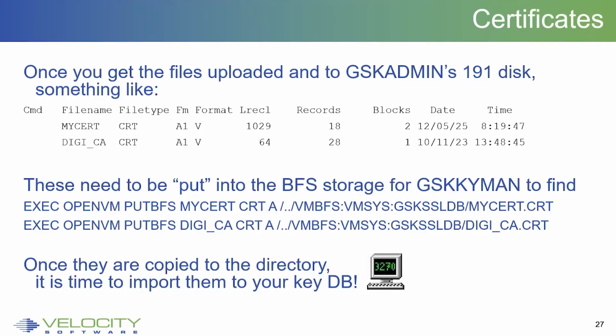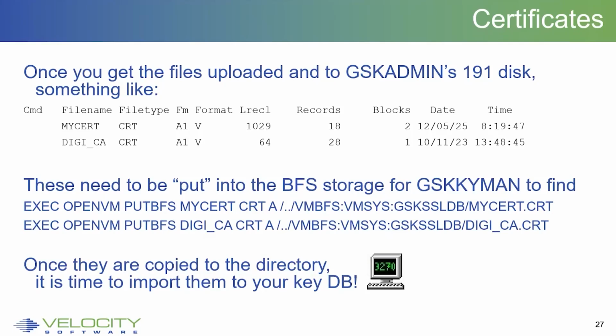Now, once you get those files uploaded into GSK admin's 191 disk, you'll see something like this. So this is an example that I'm going to be walking through. I have a file called mycert CRT-A, and also a digit_CA cert.